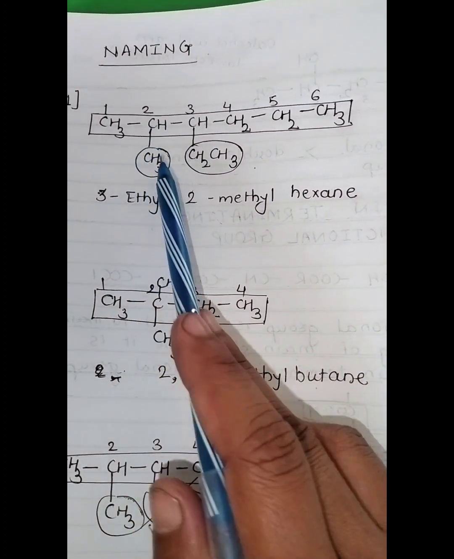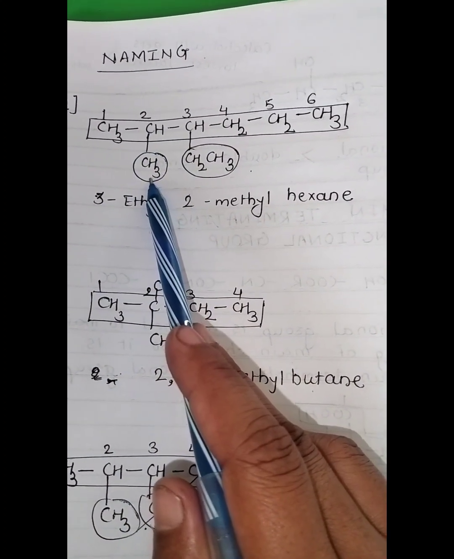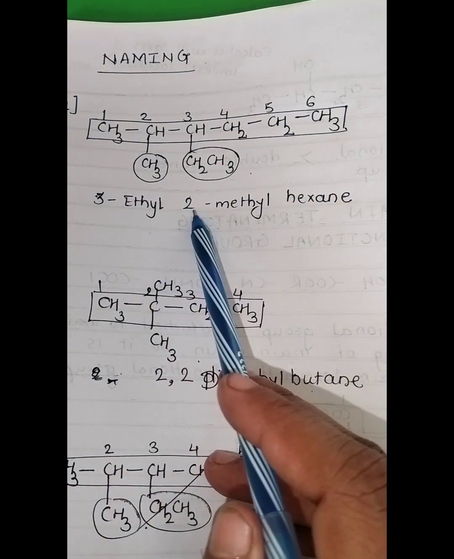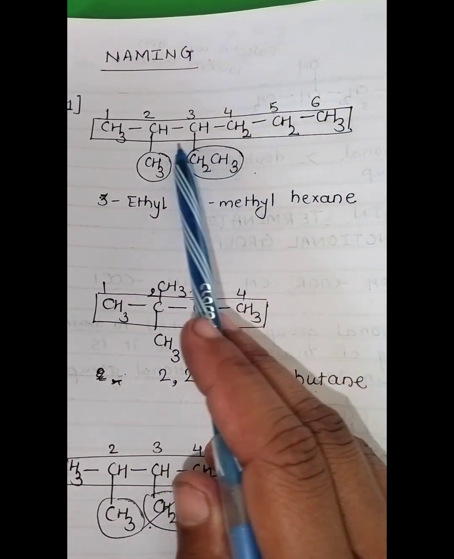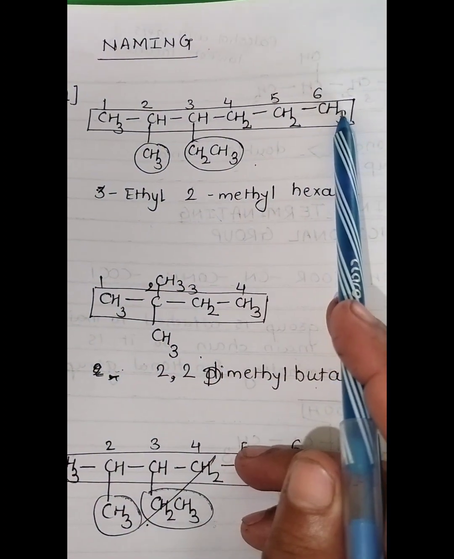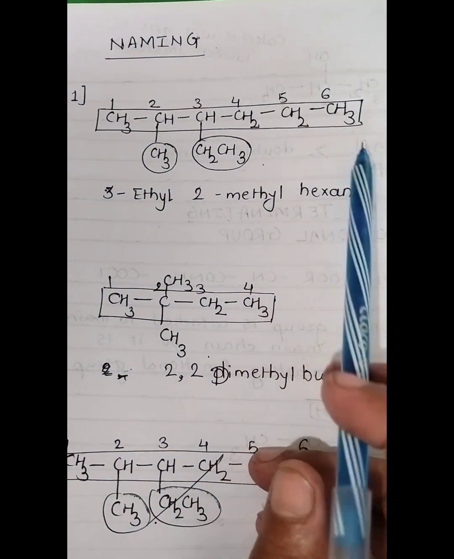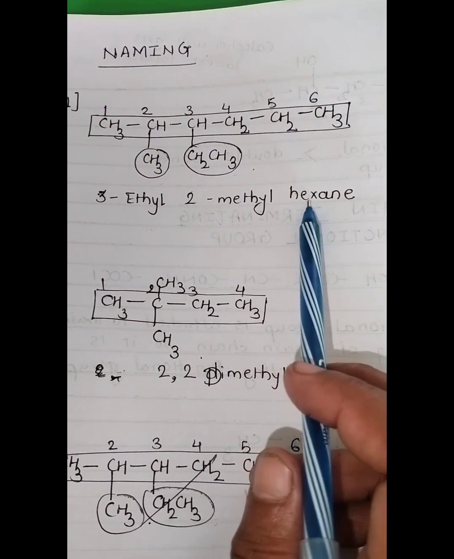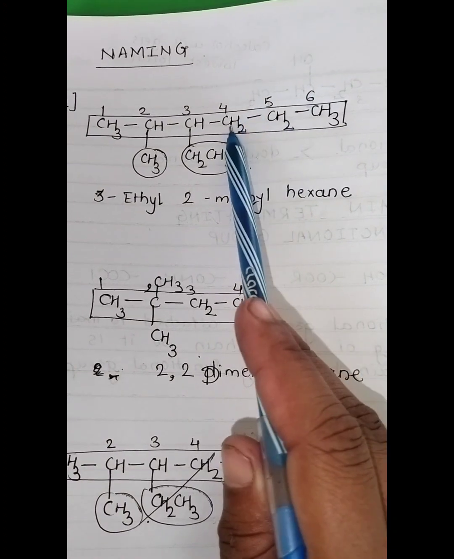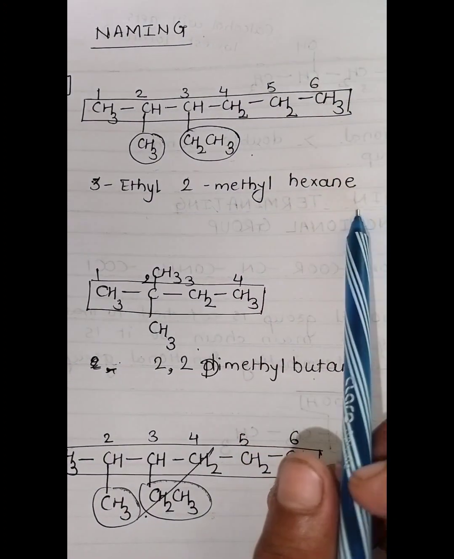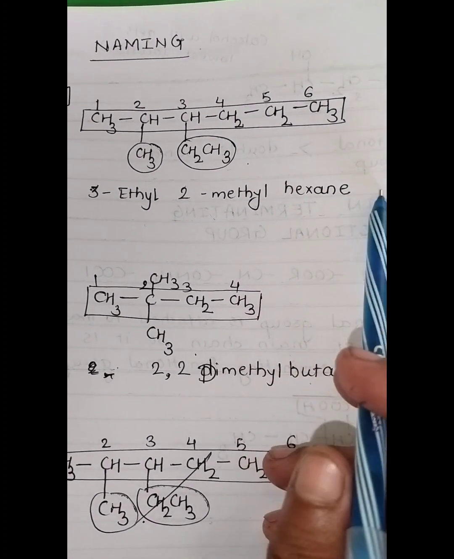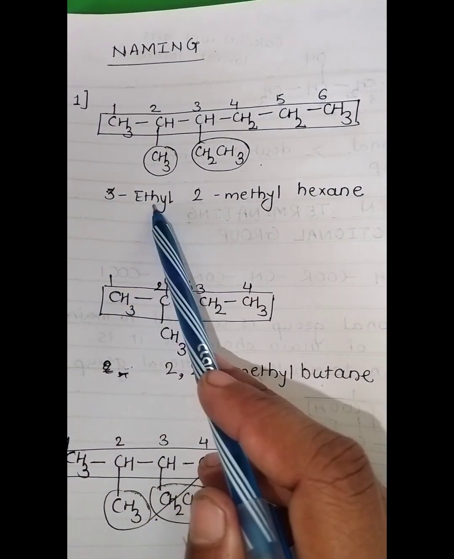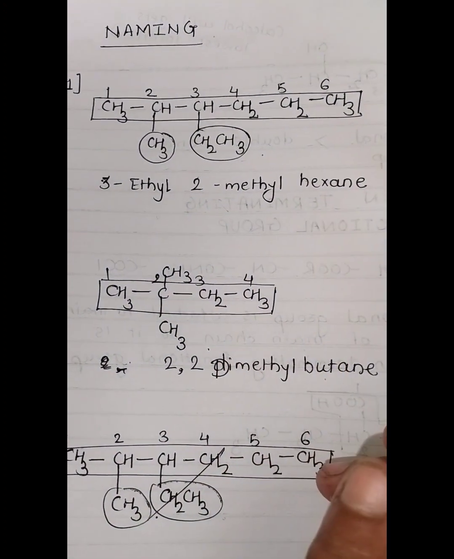In the second carbon there is a methyl group attached, so 2 methyl. There are a total of 6 carbons in the main chain or parent chain, so here we write hex, and carbon carbon single bond is present, so we write ANE. So the name of the compound is 3-ethyl 2-methyl hexane.